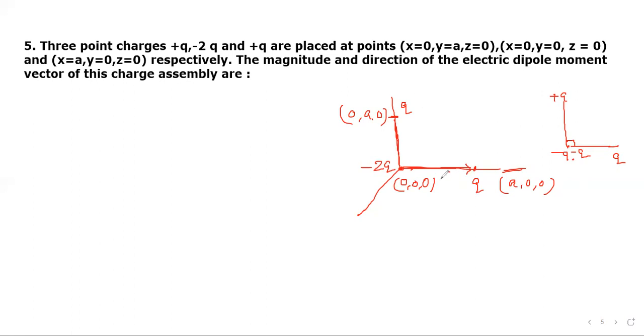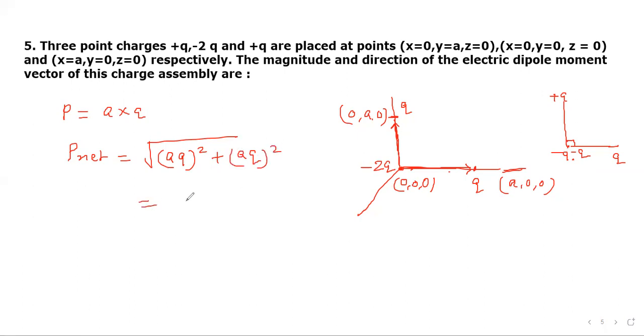The direction of a dipole will be from the minus to the plus charge. So the dipole moment of each dipole will be separation times charge. The separation is a and the charge is q. So the net dipole moment P net will be equal to the square root of (aq) square plus (aq) square, that is aq times root 2, and its direction will be like this.